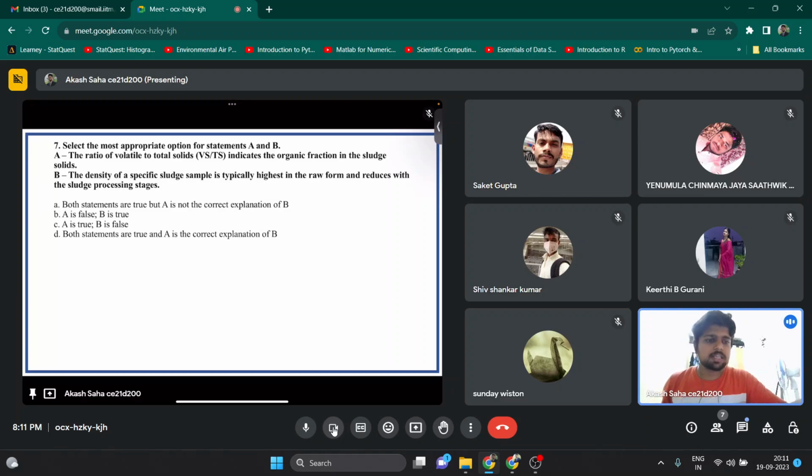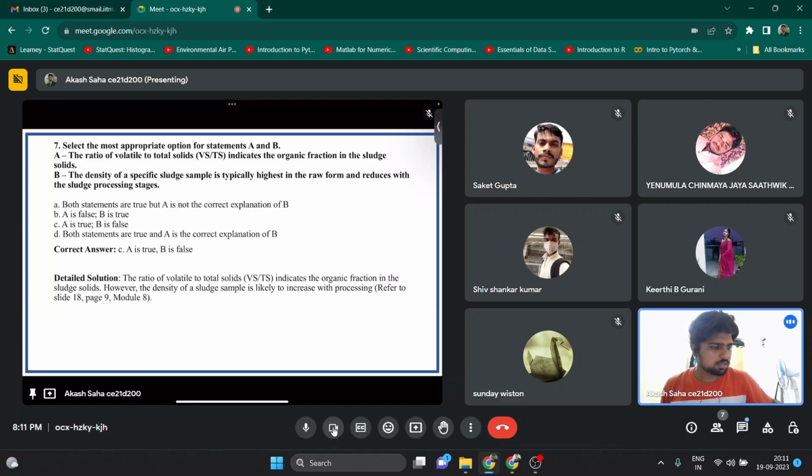If the solid content is increasing, the density will definitely increase with each process. So statement B is false, A is true. A is true because it is directly given that the volatile to total ratio will give the organic fraction mostly. So this is the rough way to calculate it. And so option C is correct: A is true, B is false.